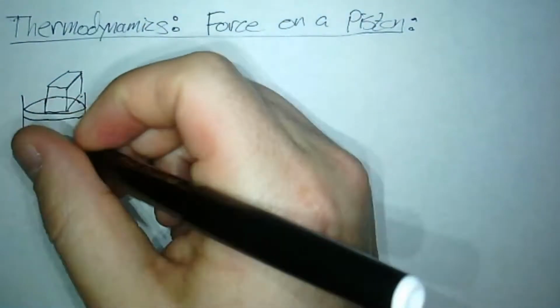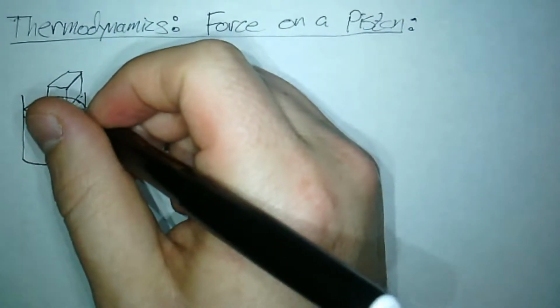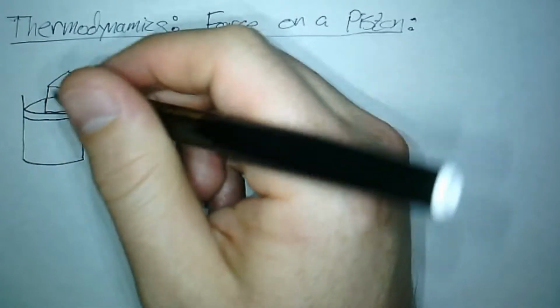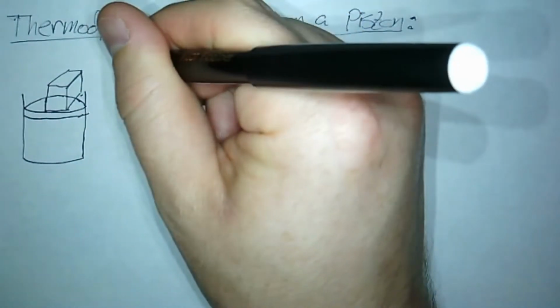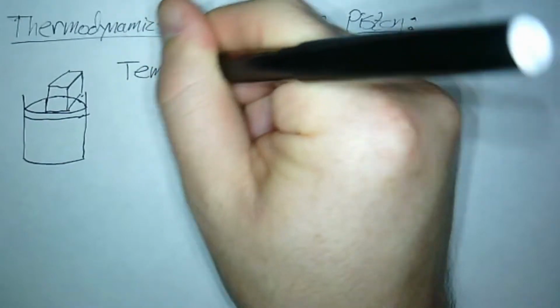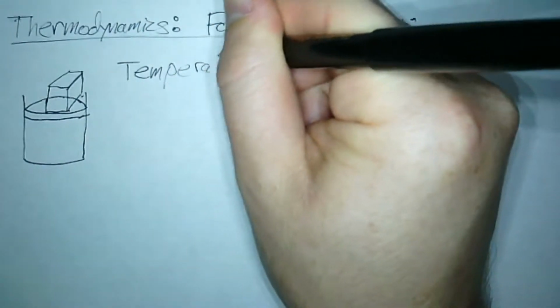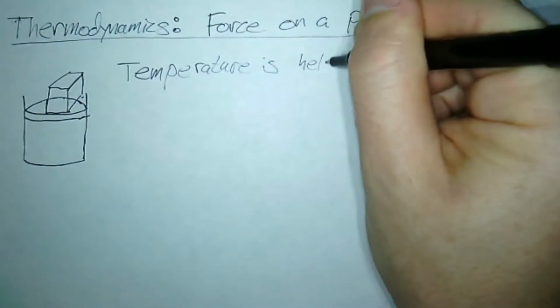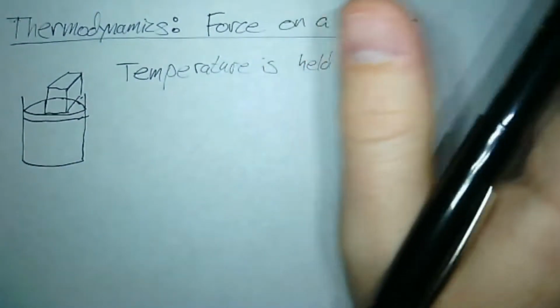And I just want to know, if you put this guy on here and you have a certain amount of gas in here, and we'll say its temperature is going to be fixed. So to hold temperature constant, you probably have to have everything change slowly.